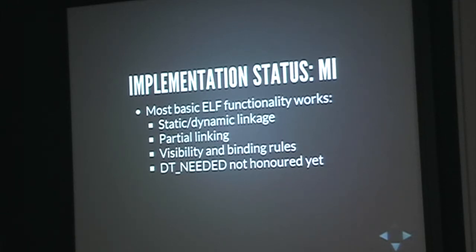We have the visibility and binding rules, all of those are implemented. One part that's missing is if you have a shared library that links against other shared libraries. ELF rules say all the symbols visible from those dependent libraries are also visible from the original library. That part is not implemented in MCLinker yet.